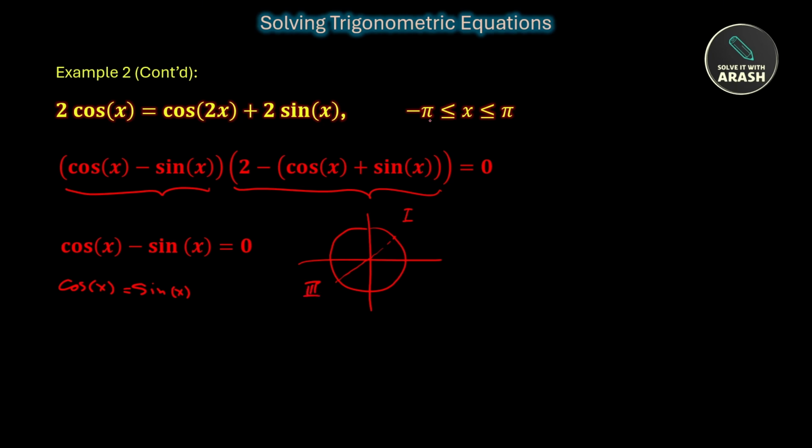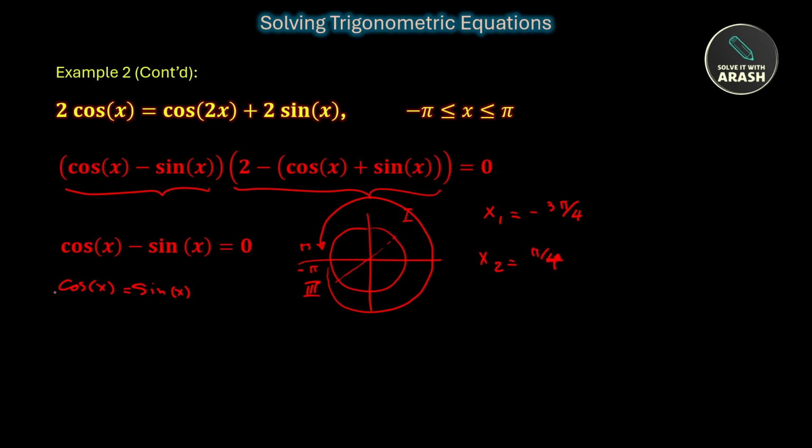Since we're working with angles between negative pi and pi, we can start from negative pi and go all the way around to positive pi. The first angle is going to be negative 3 pi over 4. So let's name that x1 equals negative 3 pi over 4. The next angle, in the first quadrant, is going to be pi over 4.